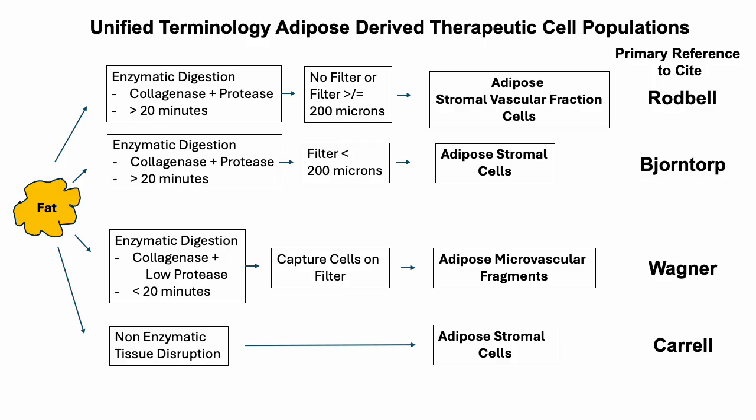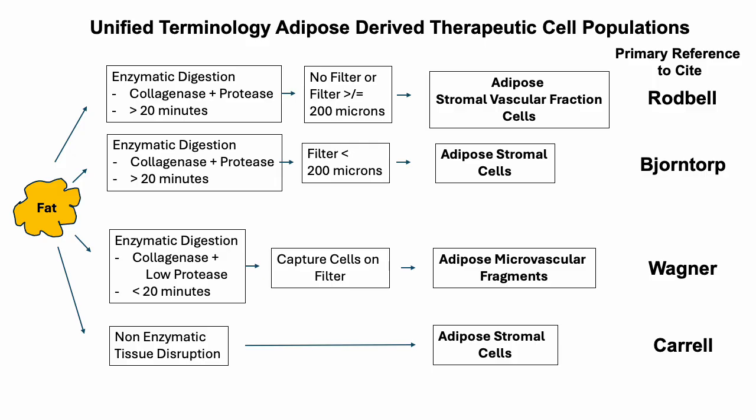This could be a crude collagenase that contains both class 1, class 2 collagenase and protease, or it could be purified, ultra-purified, or recombinant collagenase added to purified proteases. Enzymatic digestion over 20 minutes, using either no filter, or I've set the discrimination point as a 200 micron filter.